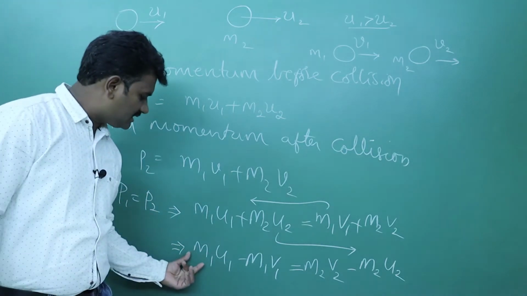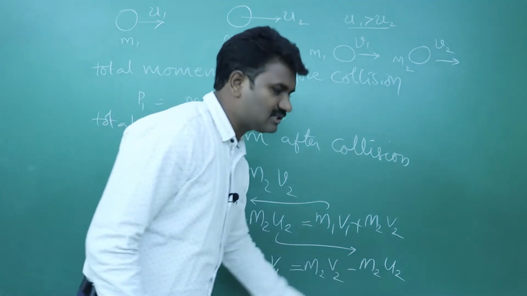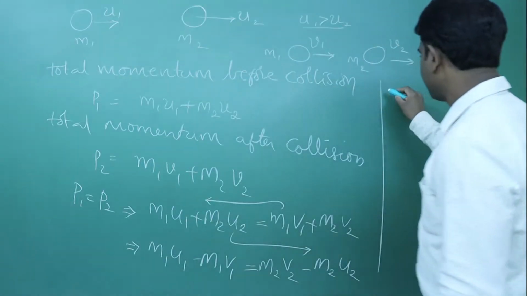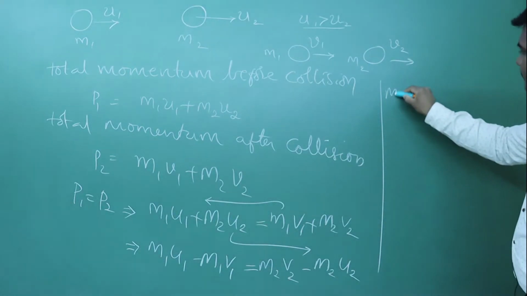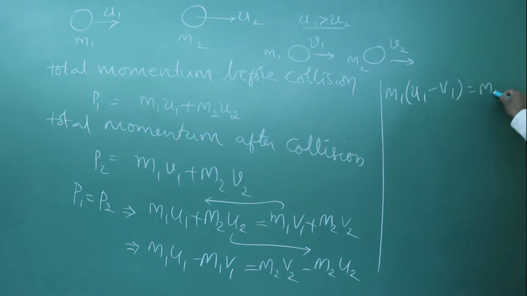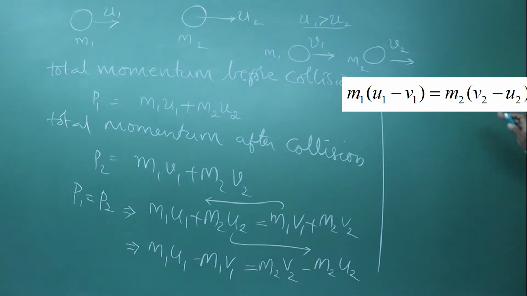Now I am taking m1 as common here, m2 as common here. So I am going to keep it aside.